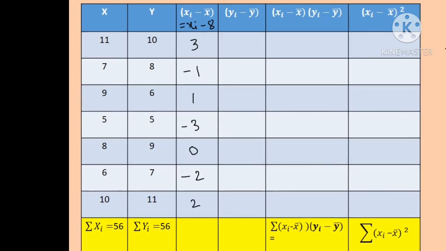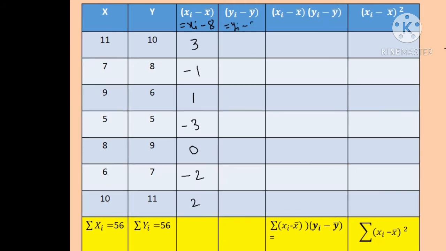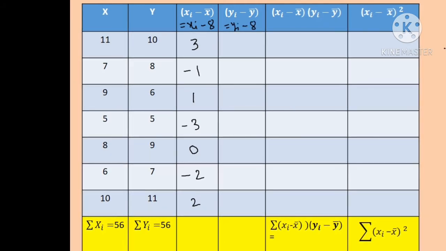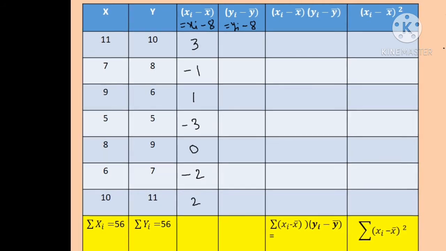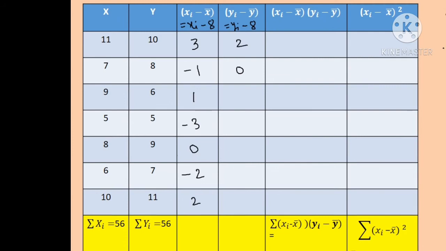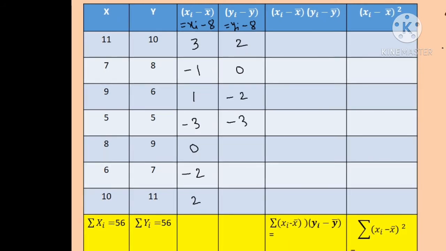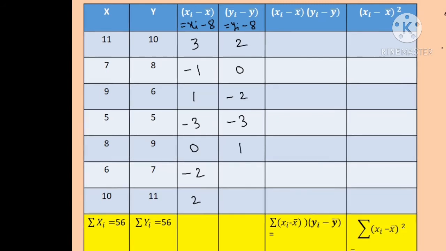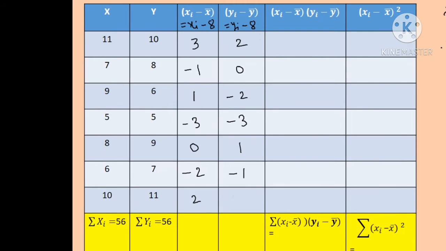Then yi minus y bar, that is again equal to yi minus 8. So from the values of the second column you will subtract 8. So 10 minus 8 is 2, 8 minus 8 is 0, 6 minus 8 is minus 2, 5 minus 8 is minus 3, 9 minus 8 is 1, 7 minus 8 is minus 1 and 11 minus 8 is 3.